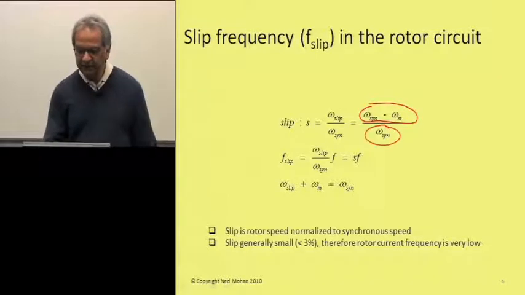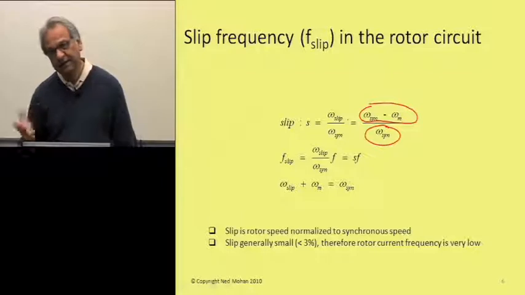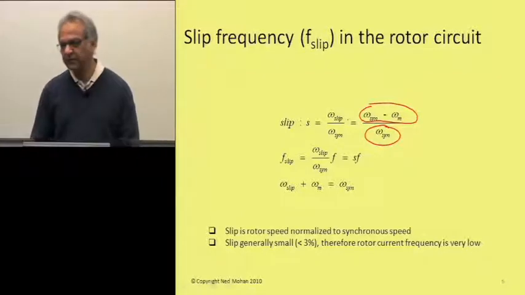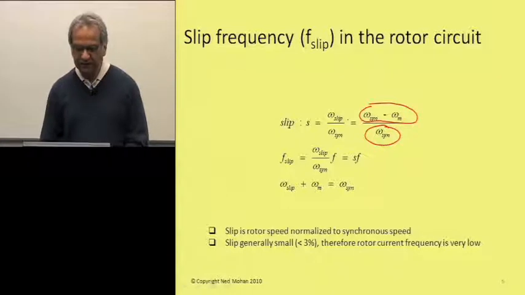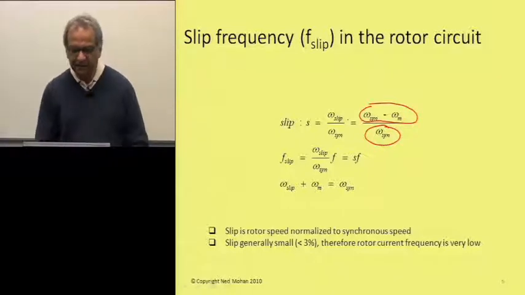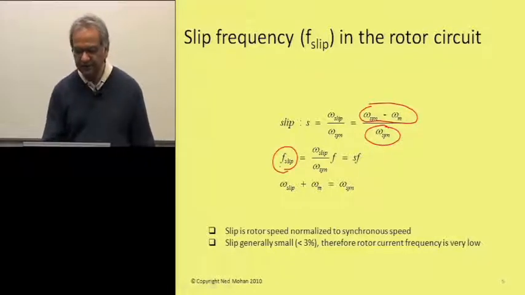If you divide that by omega sync, you get slip. And the slip in most induction machines is very low, between 1 to 3% of the synchronous speed.